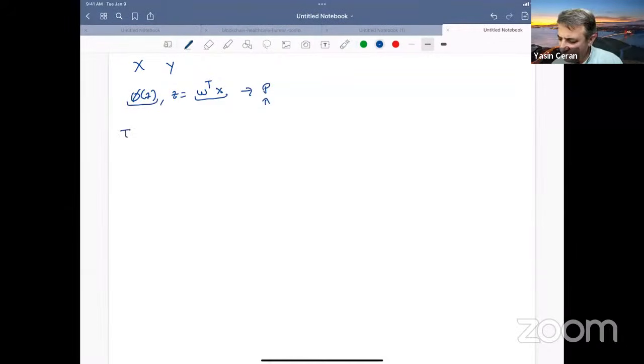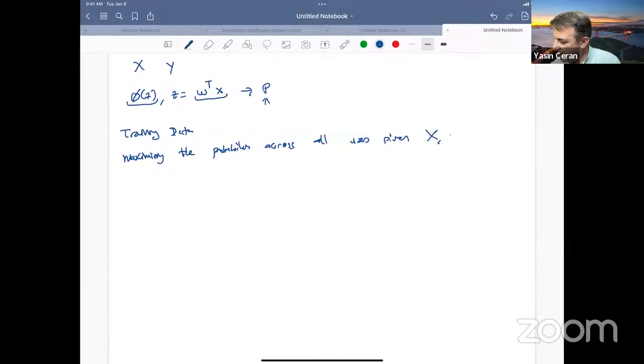If someone gives me a training data set, my goal is maximizing the probabilities across all users, given X and some W. My goal is finding this W, which is going to maximize the probabilities of making the correct decisions across all users.